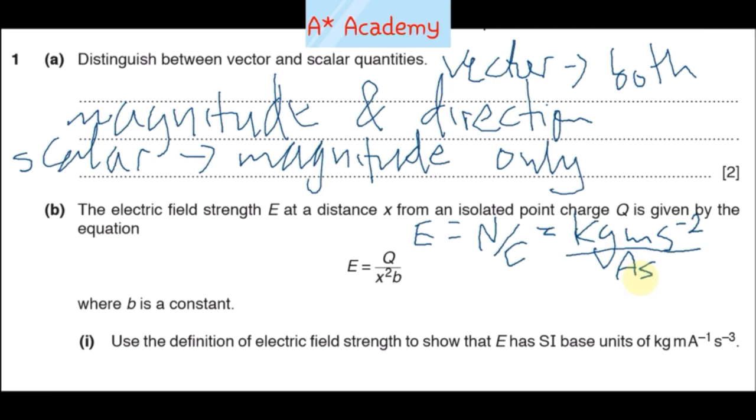Rewriting this will give us kg m per amp and s to the minus 3, just as they want there. That's what we get.